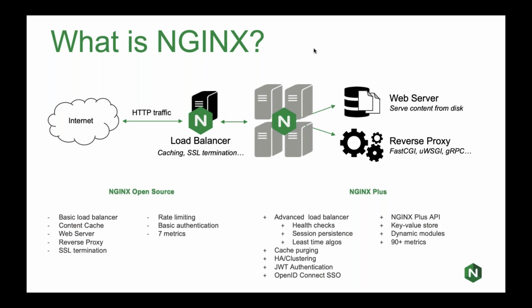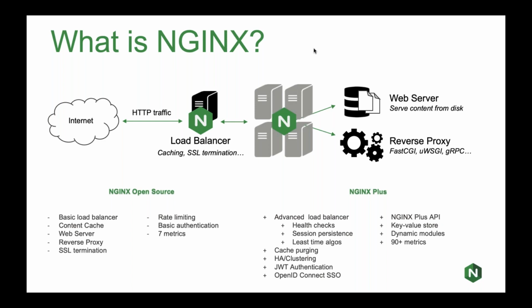NGINX Plus extends the NGINX open source project. It does so in a number of ways, really designed around enterprise mission critical use cases. We extend the load balancing capabilities with additional algorithms, active health checks, and session persistence. We extend web app and API gateway use cases with things like JWT authentication and OpenID Connect for single sign-on integration.